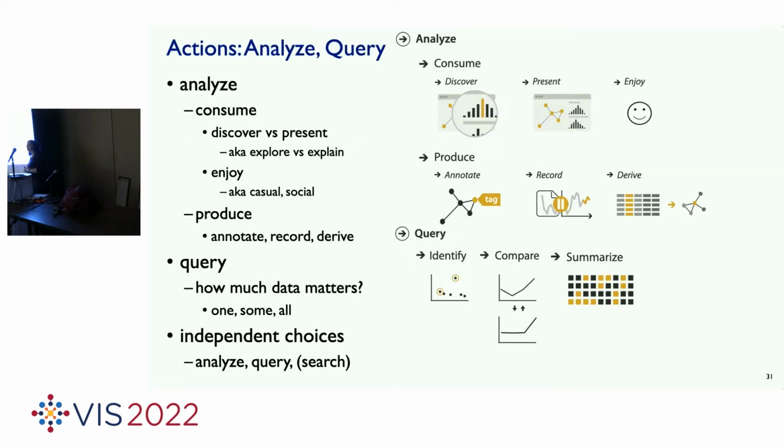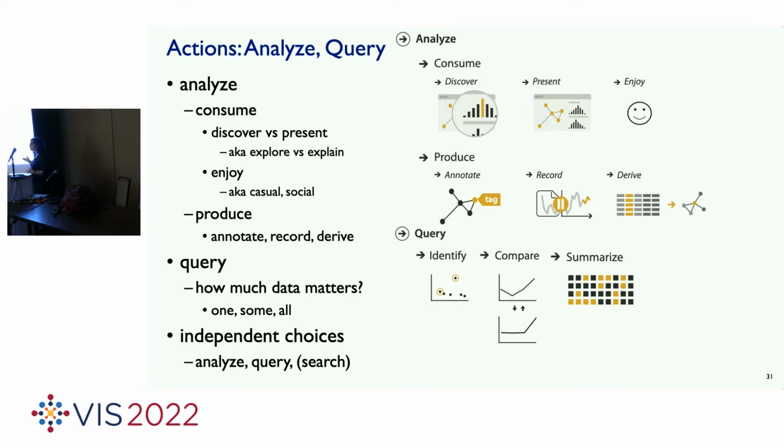So with actions, one thing we can do at the very high level is we're often thinking about some form of analyzing data, where if you have existing data that you're consuming, you can think, going back to that first slide I talked about, are we trying to discover what's unknown or present something that's known? This is sometimes called exploration versus explanation or discovery versus presentation.